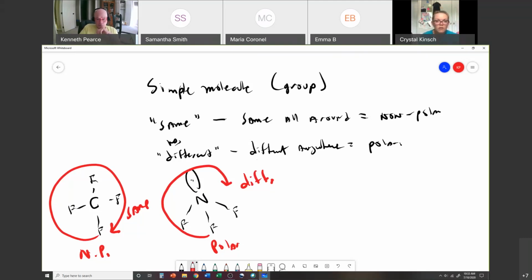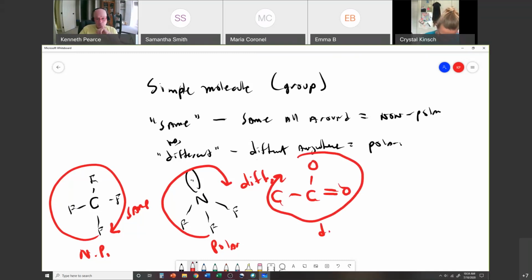How about this one? What do you think? Same or different? You look here and you go, it's different. This is very polar. How about water?